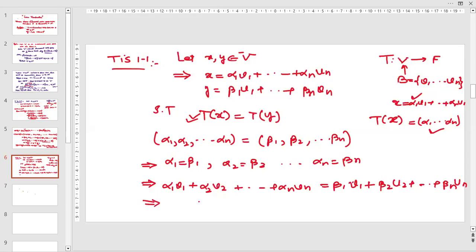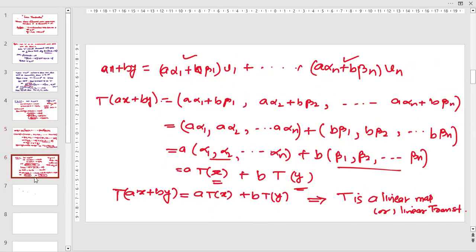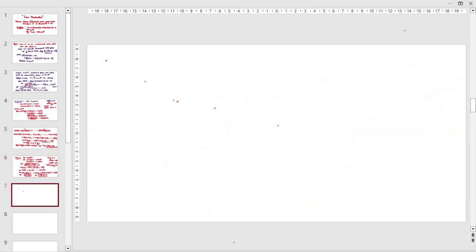And this is going to give you x is equal to y. So we have shown that taking T x is equal to T y, we have shown that x is equal to y. This means T is 1, 1. So T is 1, 1 and a linear transformation. Now next we will show that T is onto.